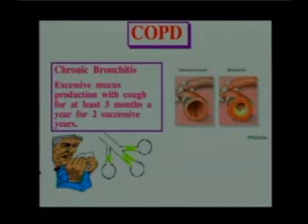Now I'd like to think about chronic bronchitis. If we look at the picture with chronic bronchitis, you can see the definition says there's an excessive mucus production with a cough for at least 3 months a year for 2 successive years. Now if you look in these bronchi, here's the normal bronchi, and over here it's full of mucus, nasty stuff in here.